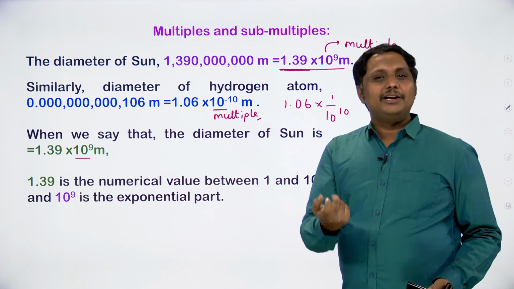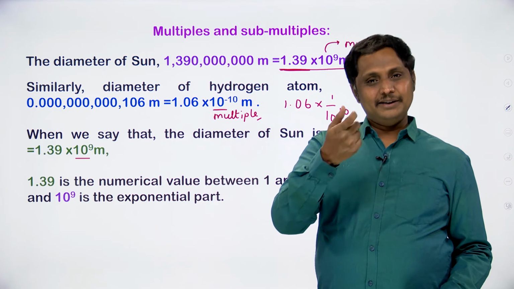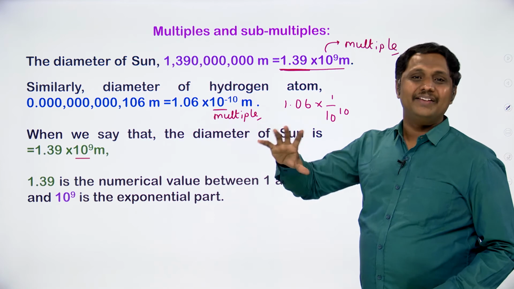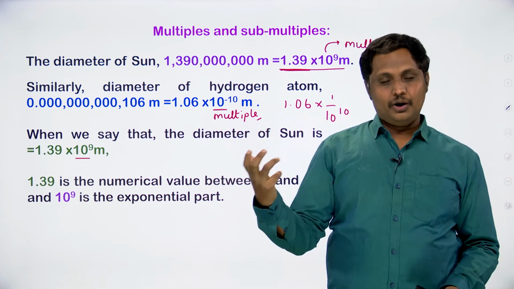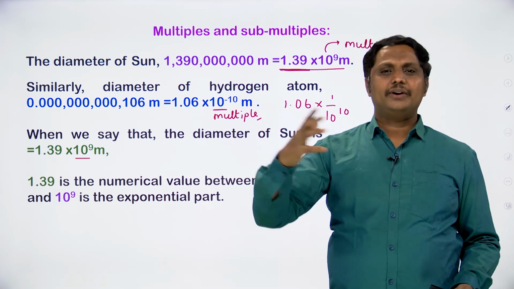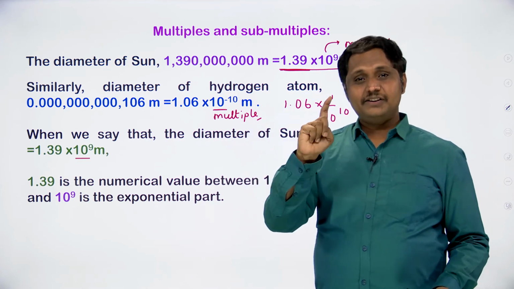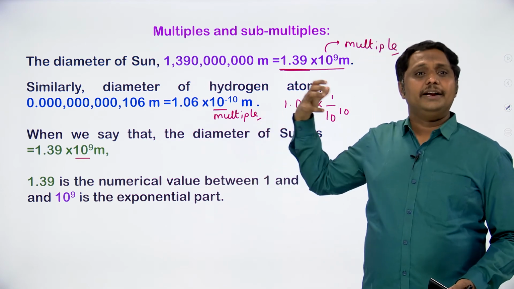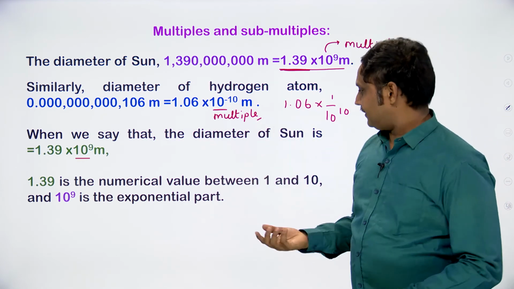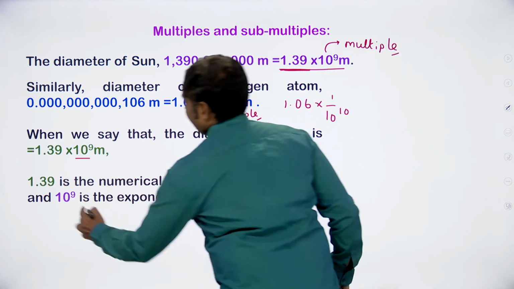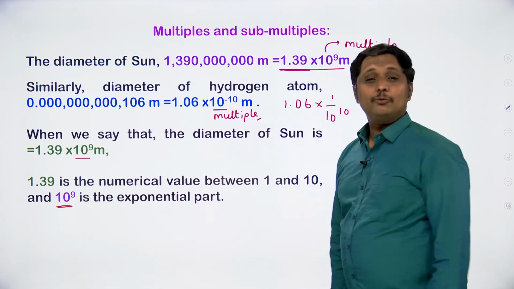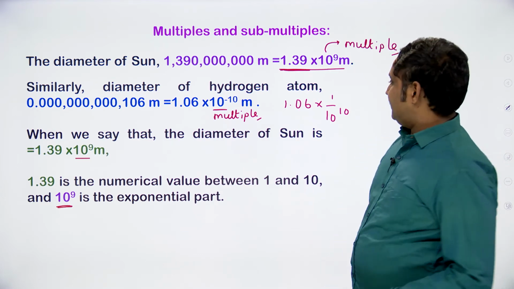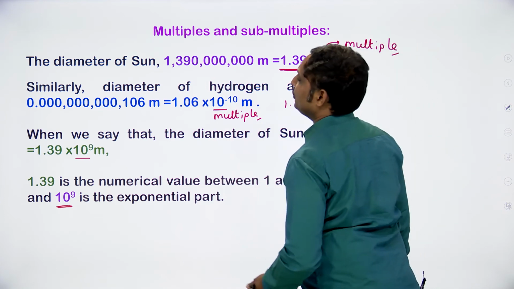So, that numerical value we keep in between 1 and 10, it is very clear. After that we express it in the form of 10 power some x or y or z, whatever it is, which is going to be positive or negative and represent a smaller or a very large value. Here, 10 power 9, what is 10 power 9? It is the exponential part, we use it to represent the total value, either very small or very large.